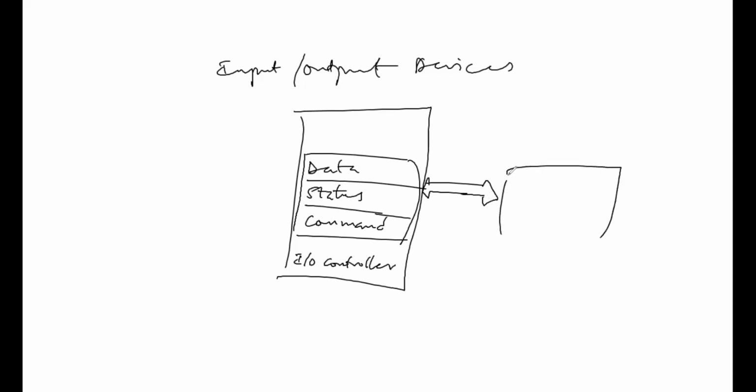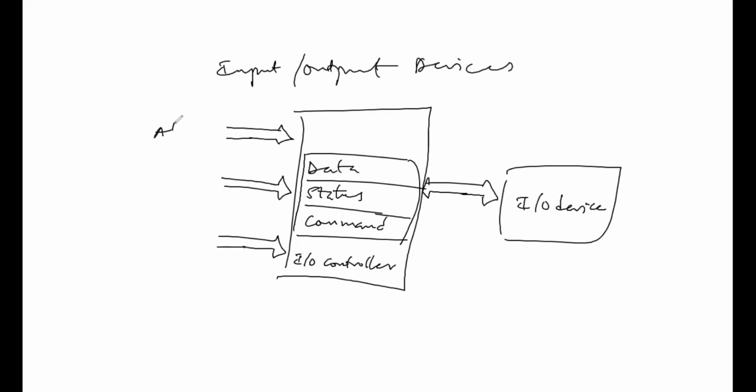We have the input-output device. So we have the address bus, data bus, and here we have the control bus.